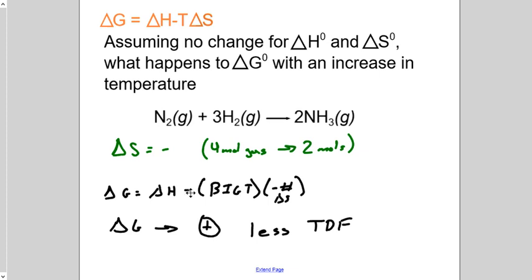So as the temperature increases, we're going to be subtracting an increasingly larger negative value over here. So essentially this becomes a much larger plus sign. So as temperature increases, delta G is going to become more positive or less thermodynamically favorable. And it will eventually hit a point where this side of the equation is larger than this part, which means that delta G will straight up equal a positive value if it doesn't already. And it will be completely not thermodynamically favored.